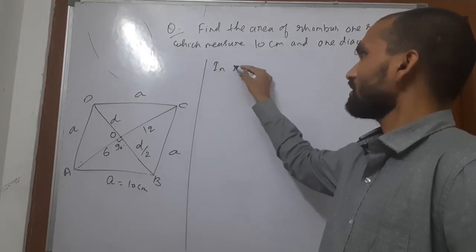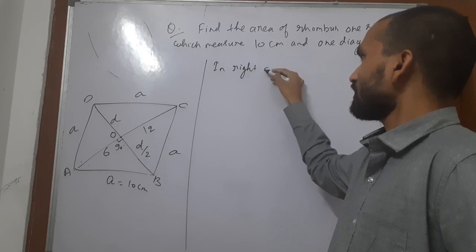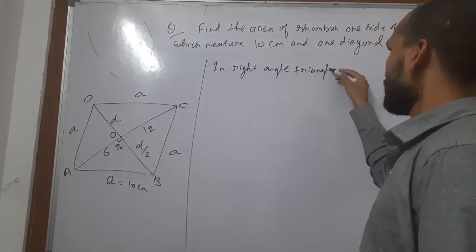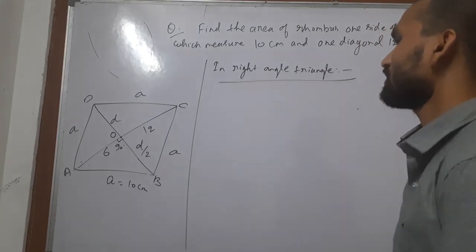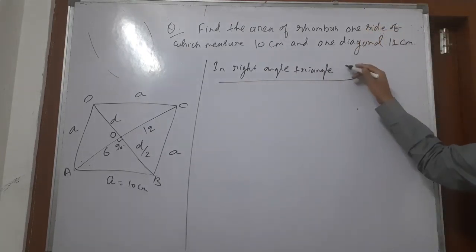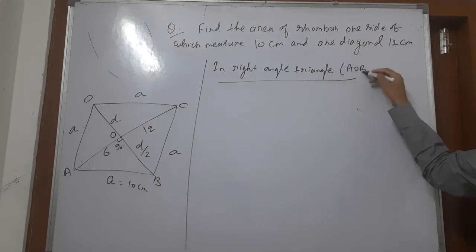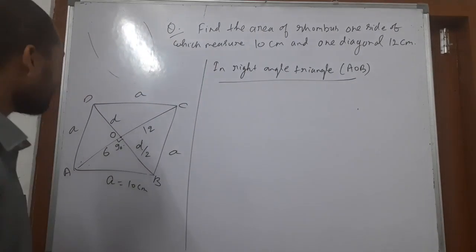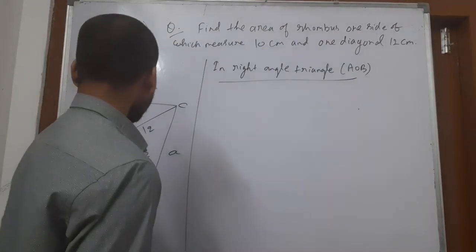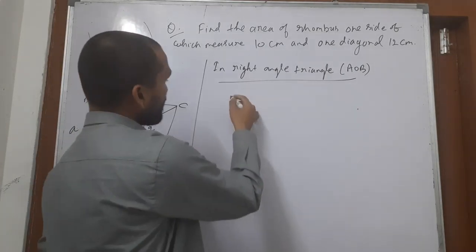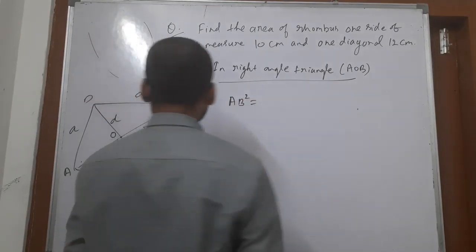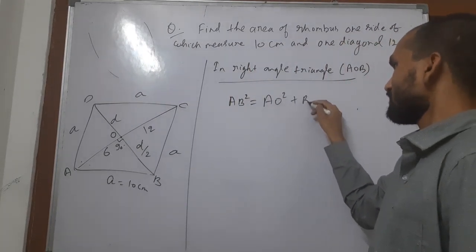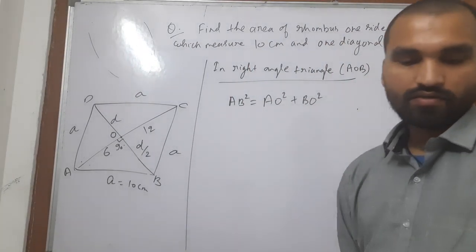In right angle triangle AOB, AB square is equal to AO square plus BO square.